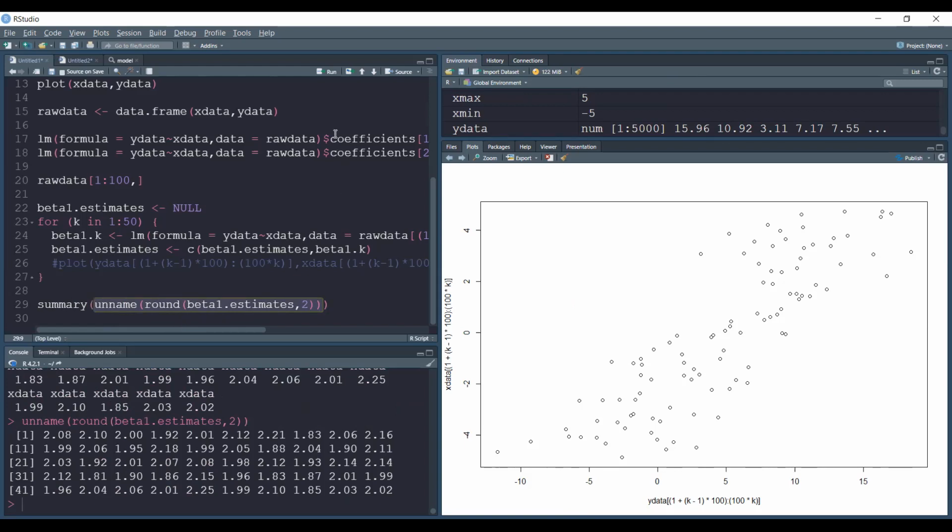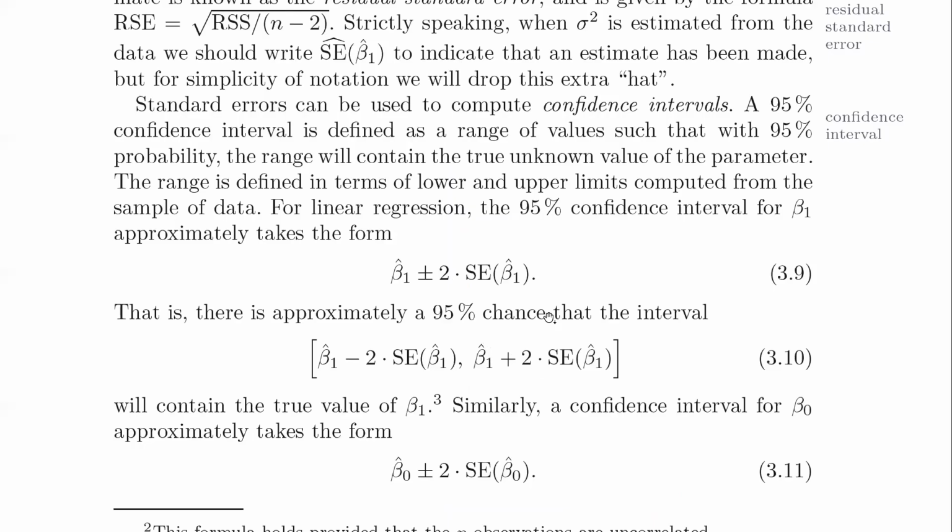Now, theoretically, the formula to measure the extent of the variation within your beta 1 up to 95% confidence is this one. How is this calculated?